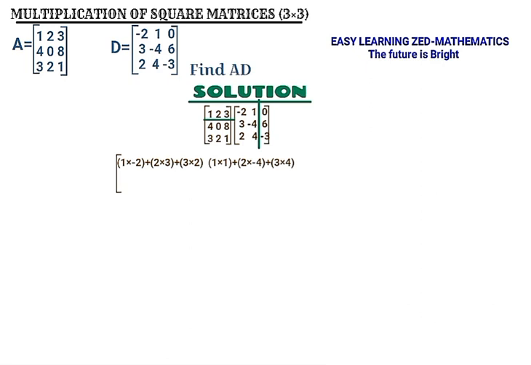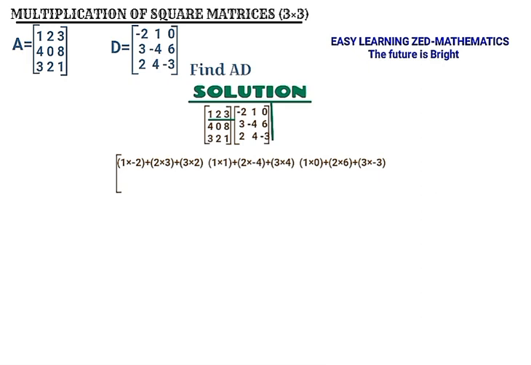Then this time I'm going to move into column 3 of the second matrix: 1 multiplied by 0, 2 multiplied by 6, then 3 multiplied by -3.